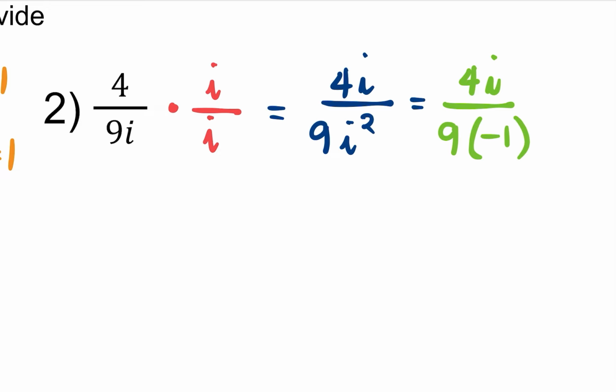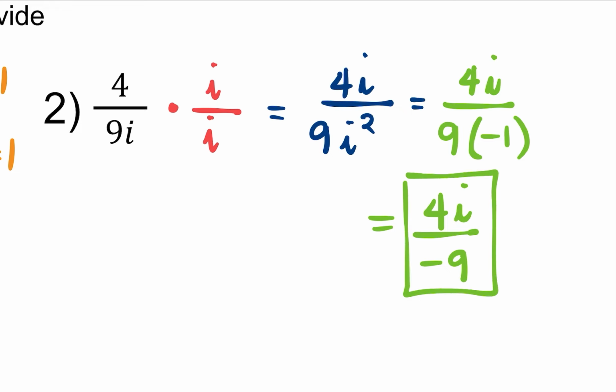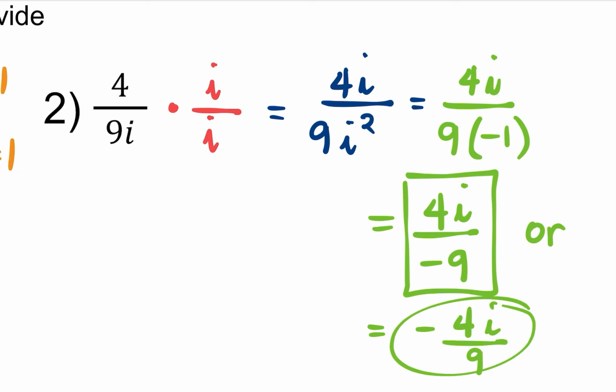And then we simplify. So this would be 4i over -9. We can't simplify 4i over -9. You can have this as your final answer, or you can place the negative sign in the middle of the fraction. So -4i over 9.